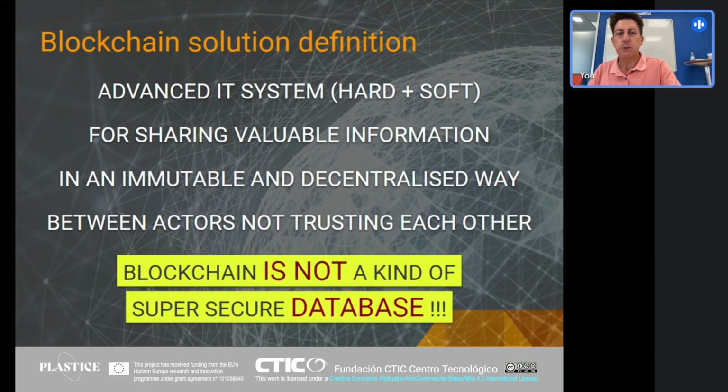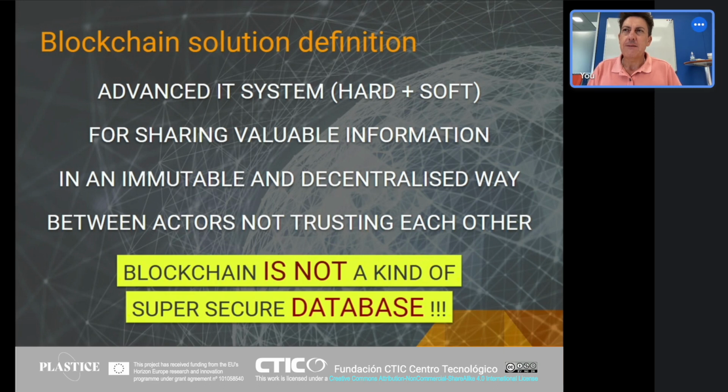There will be many computers storing the information, decentralized, and this information will not be updatable. It's immutable. You only store. It's like a history record. And between actors not trusting each other. I'm not saying that you do not trust, because we are a consortium. We have also signed contracts and things like that, NDAs even. We trust each other, obviously.